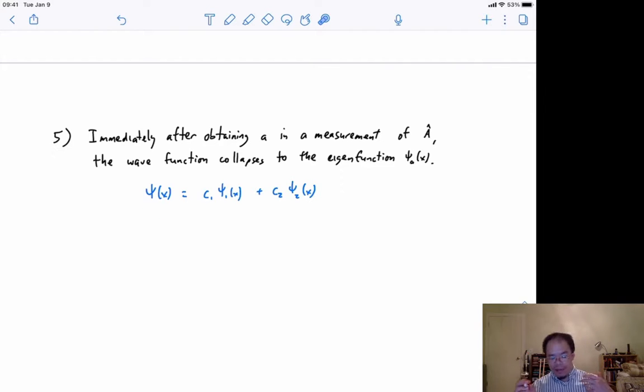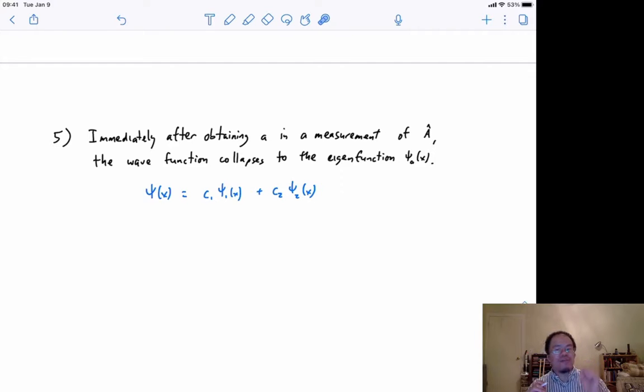If I go and measure the energy of this particle, and I get the energy E1 associated with this eigenfunction, the wave function immediately changes after my measurement to that energy eigenfunction.